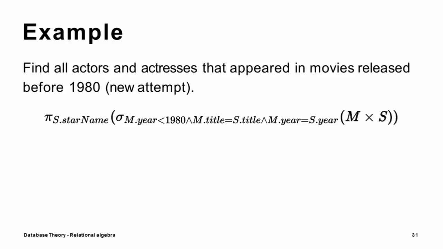Well, we have that the year should be before 1980, and the title and the year between those two, movies and Stars In, must be the same. Otherwise, we are not correct here. So that's an effect of the Cartesian product. You have to follow up that with a matching condition.